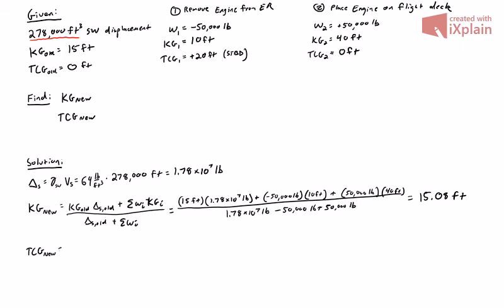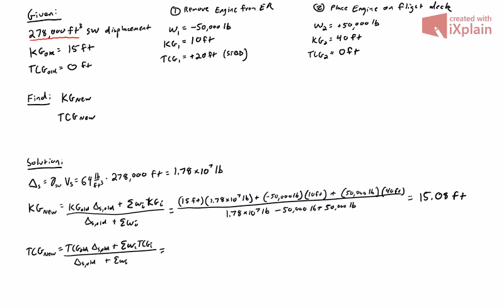All right, so now we can do the same thing for transverse center of gravity. TCG new equals TCG old times old displacement, plus the sum of all the weight changes, all over old displacement plus sum of weight changes. So again, we just work our way across.